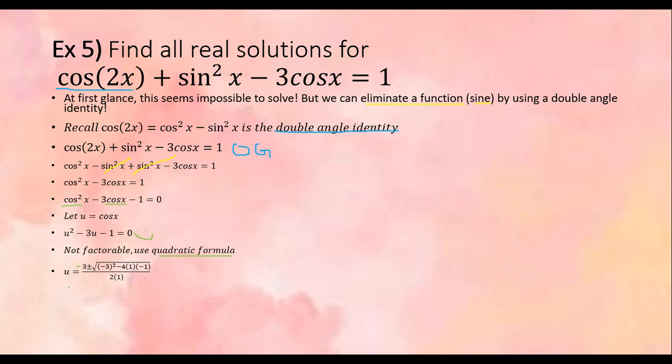So we plug in these values and simplify. We get u equals negative 3 plus or minus radical 13 over 2. This should be a negative. I don't know what's wrong with me.